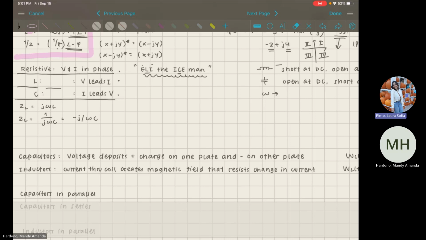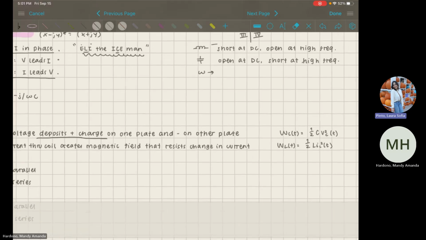As for inductors, it's a winding around a coil, and it creates a magnetic field that resists any change in current. Also for capacitors, because of the time it takes to charge one plate positive and the other negative, you have a bit of a lagging voltage.